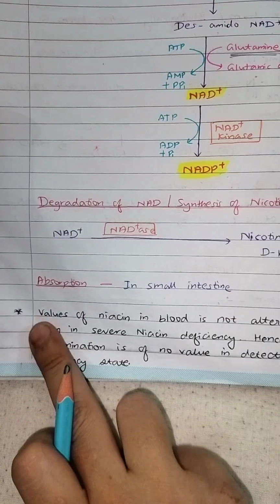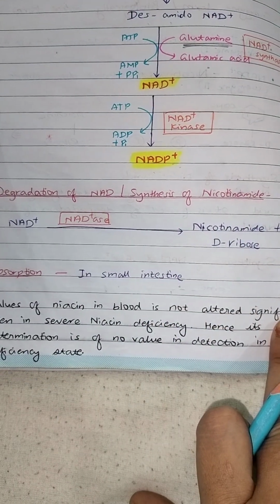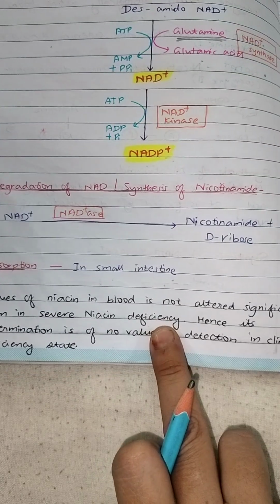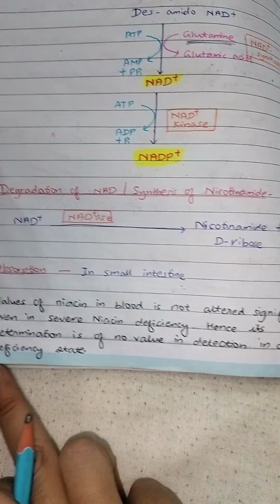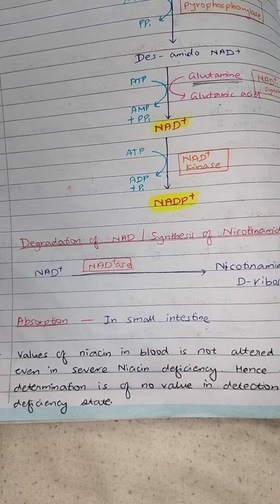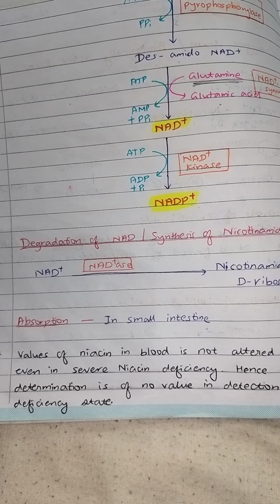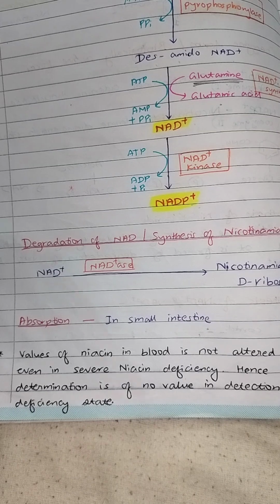Now an important point: the value of niacin in blood is not altered significantly even in severe niacin deficiency. Hence its determination is of no value in detection of clinical deficiency state. Some of you might have seen that a few physicians prescribe a vitamin B complex blood test if they suspect any symptoms or signs in the patient.